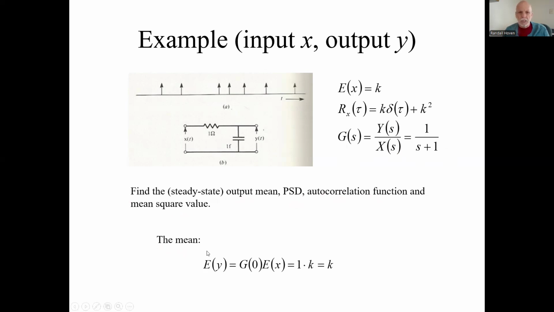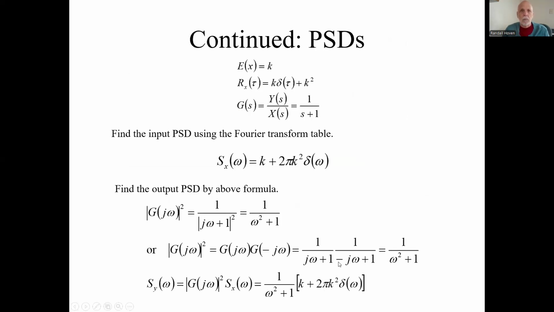Well, the mean is easy enough. It had a fairly simple way to calculate it. G, the transfer function evaluated at 0, which is just 1, times the mean of the input, which is K. So the mean of the output is just K. That was easy.